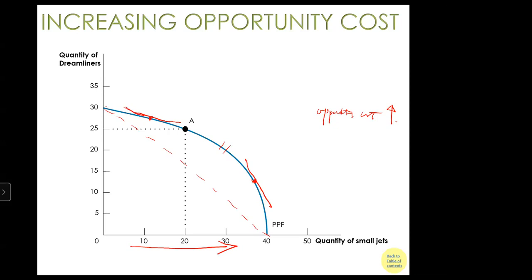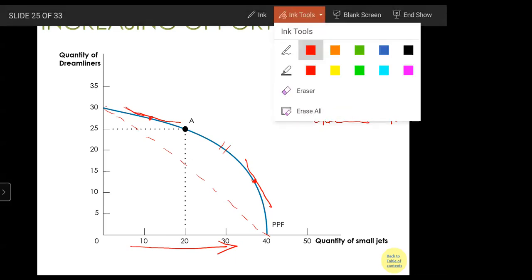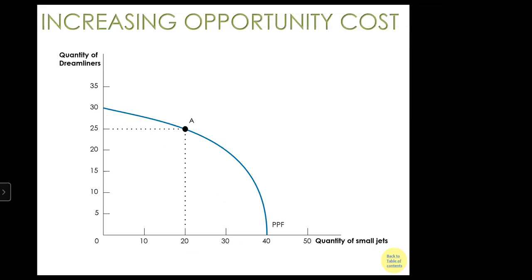Now, we need to understand what is the economics behind this increasing opportunity cost. Let's start from this point, right? Let's call it E, and let's call this point F. Okay.